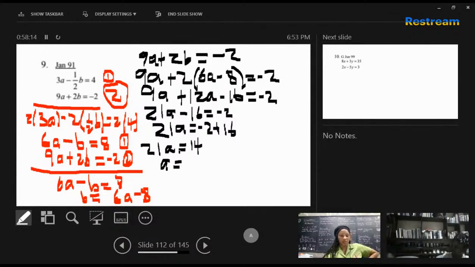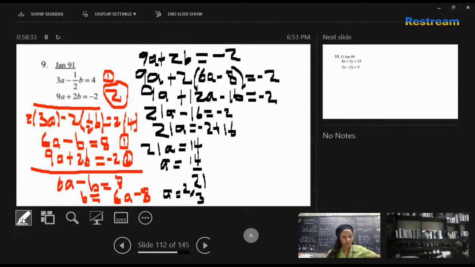So a equals 14 over 21, which is 2 over 3. Okay, so 2/3. All right.